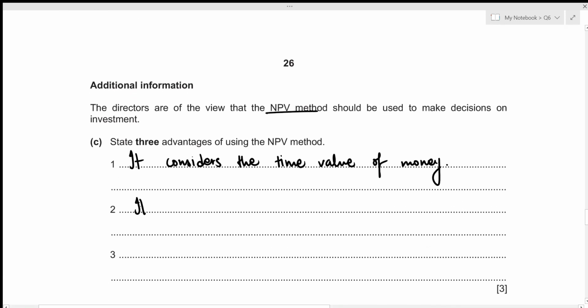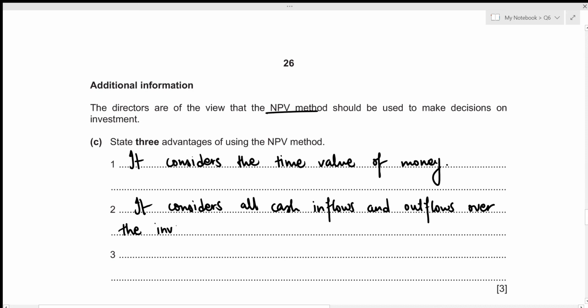It considers all cash inflows and outflows over the investment's lifetime.